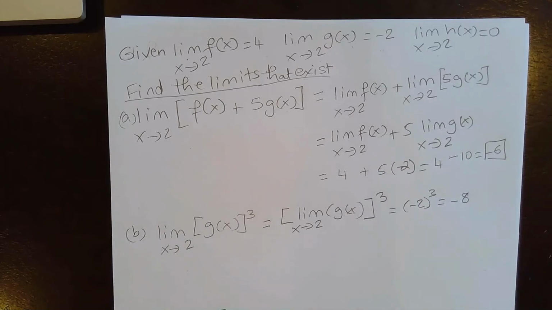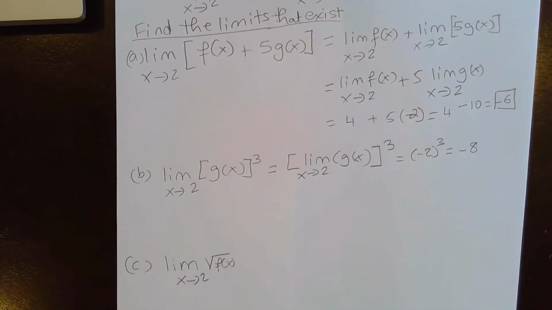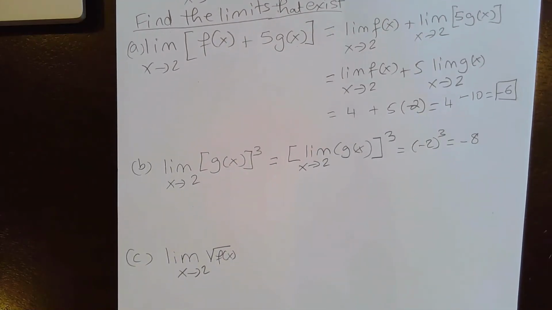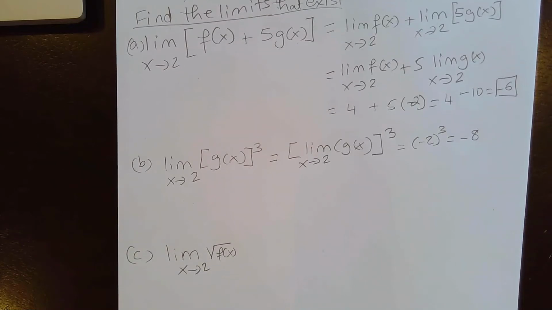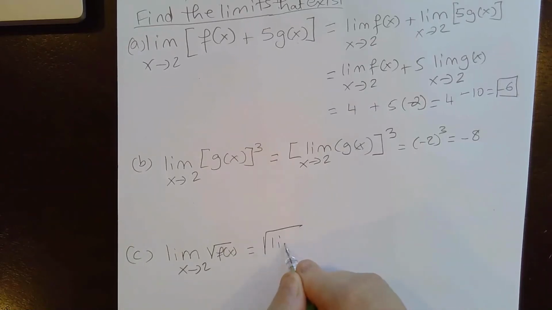All right, now let's take a look at one more problem here. The limit of square root of f of x as x approaches 2. So now here what we have is a square root, so we can use the root law. This is the same as the square root of the limit of f of x as x approaches 2.